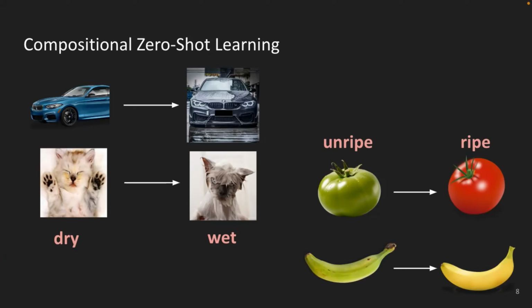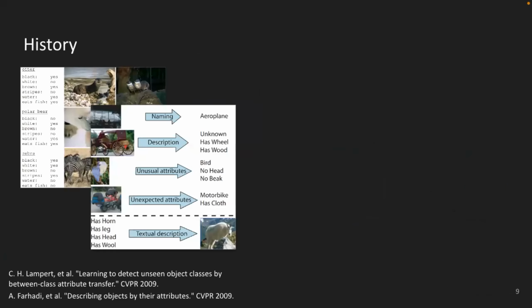I think it may ring a lot of bells, because historically there have been a lot of related topics. One, of course, is zero-shot learning, where you want to use attributes and descriptions to classify objects.